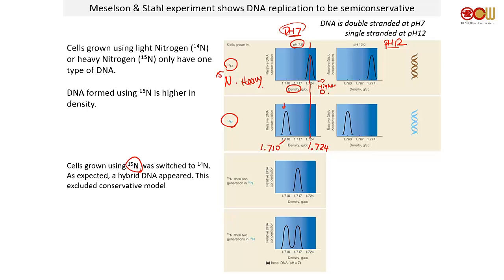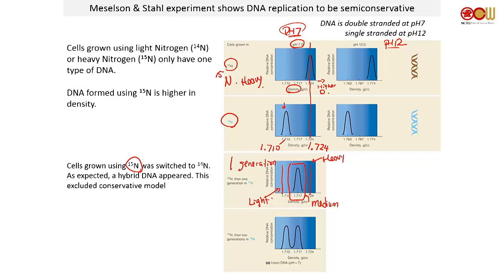So in one generation, what they observed was, I don't have a heavy, I don't have a light, I have a medium, right? Because this will be the heavy, this will be the light. I have medium, double-stranded DNA.